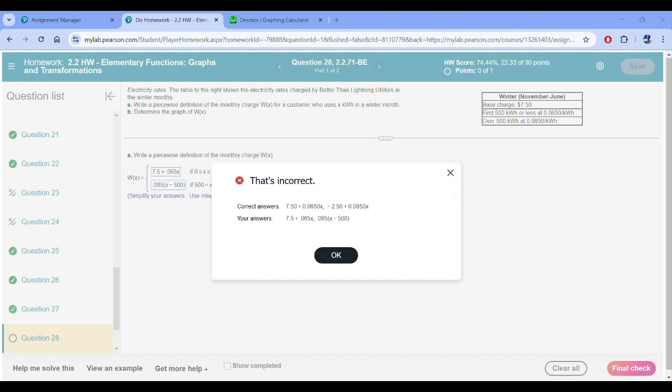Why don't I believe that? Let me double check. 0.85 times 250 is equal to 212. Why do they have a negative 250? What is the correct answer that I got? Why is it negative 250 plus that?